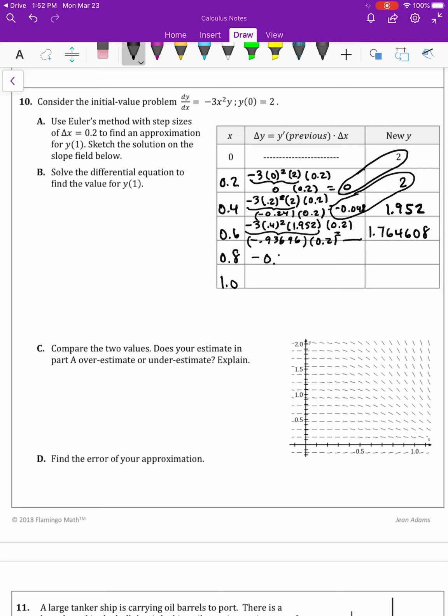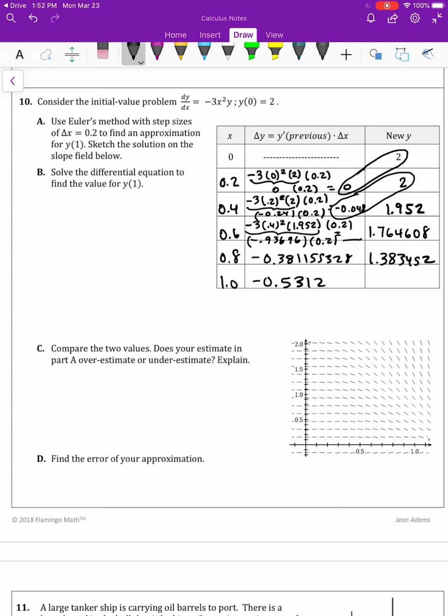And so same thing goes, this number, I'm just going to write the number this time. This one would have given us, after we did all that above, -0.381155328, and then we would have added it to our 1.764608, and we would have gotten a new y value of 1.383452.